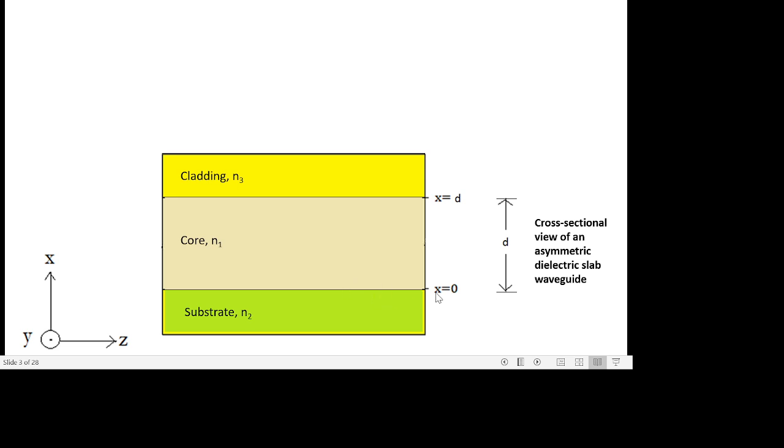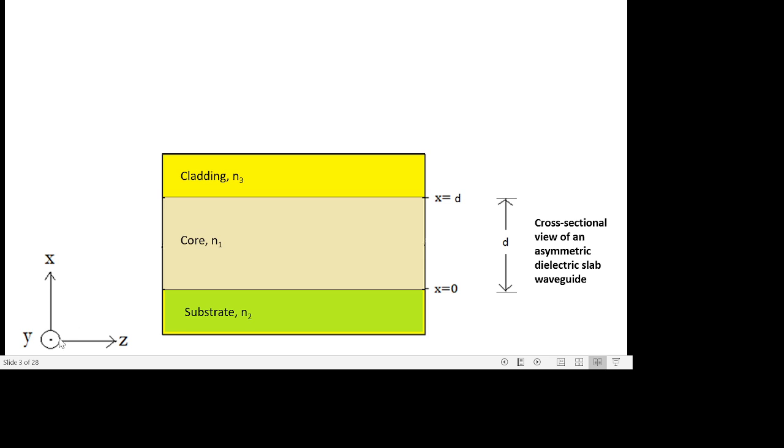The interface between the core and substrate is going to be at x equals 0. The upper interface, the interface between the cladding and the core, will be at x equals d.